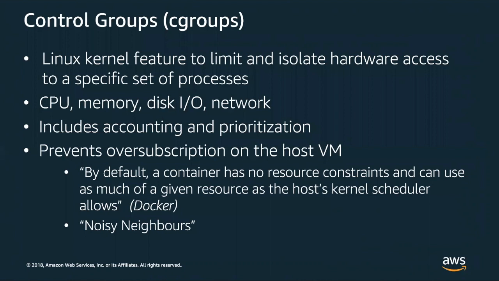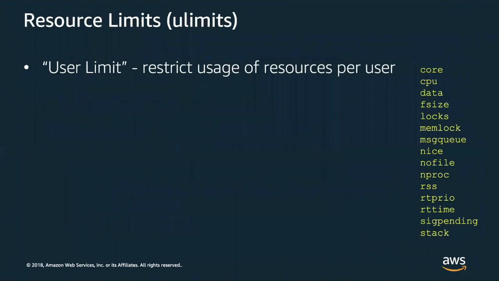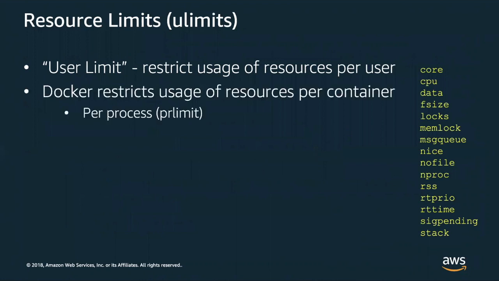So you can use C groups to further isolate your containers from each other, and also set resource limits so that you don't wind up having one container taking over the whole physical capability of a machine. So again, this is something that Docker does by default.